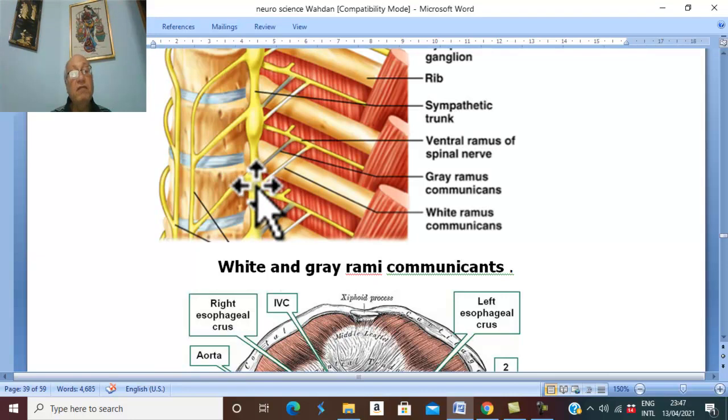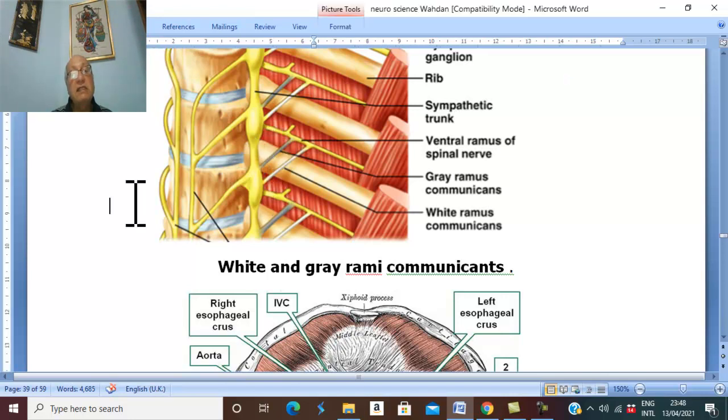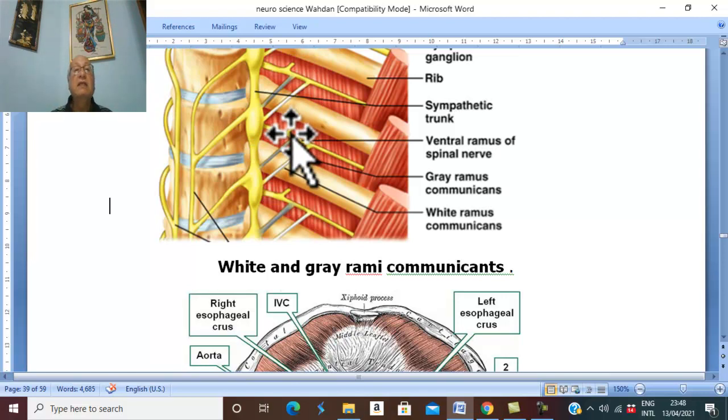Then the preganglionic fibers relay or synapse in the sympathetic ganglion. From the sympathetic ganglion, the postganglionic fibers, which are non-myelinated, grayish in color, return to the spinal nerve in the form of gray rami communicantes. Therefore, the white rami represent the preganglionic fibers from the spinal nerve to the ganglion, and the gray rami communicantes represent the postganglionic fibers from the sympathetic chain to the spinal nerve.